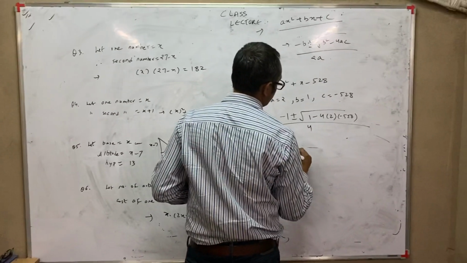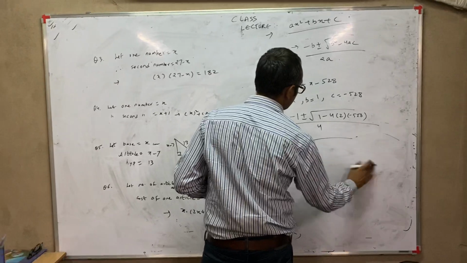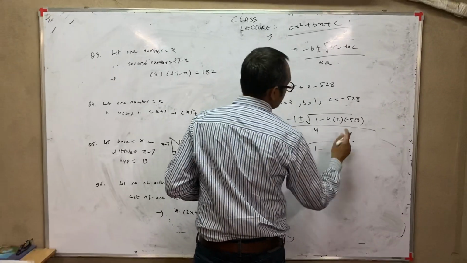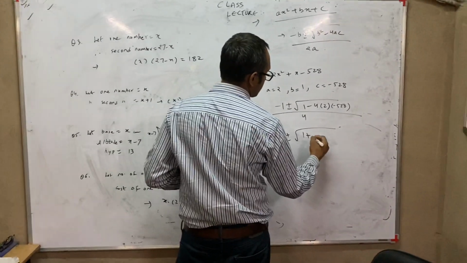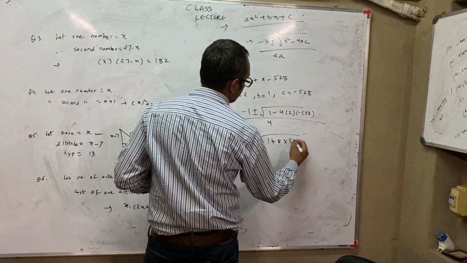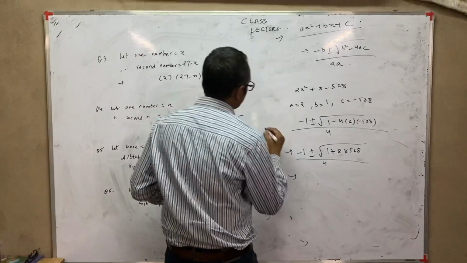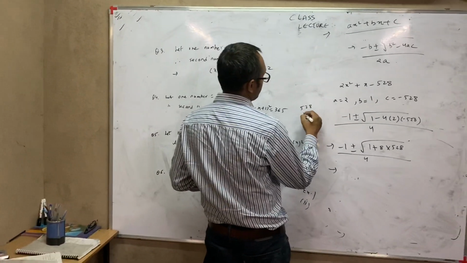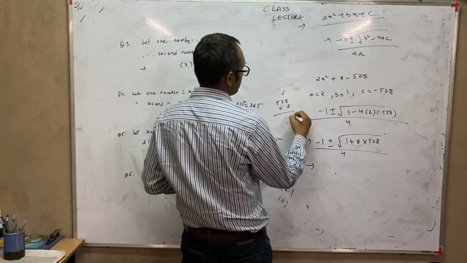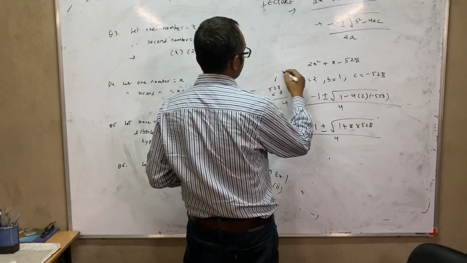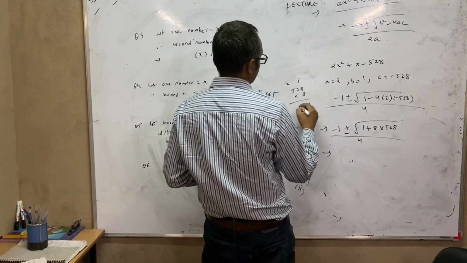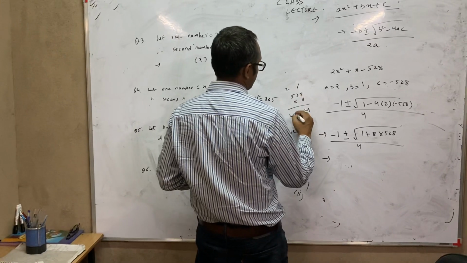Then this minus minus will become plus 8 into 528. 528 into 8, you will do 8 into 8 is 64, 8 into 2 is 16, 16 plus 6 is 22, 8 into 5 is 40, 42.